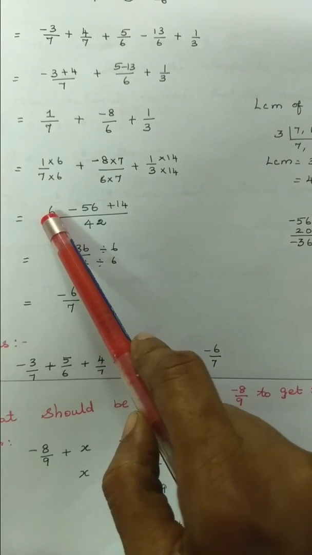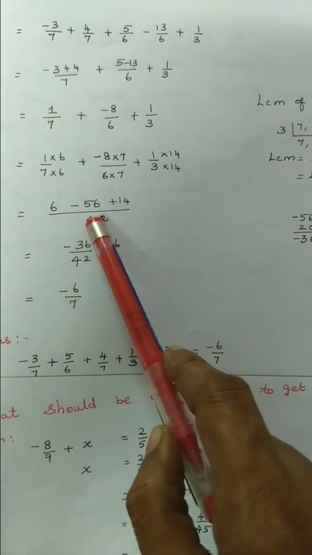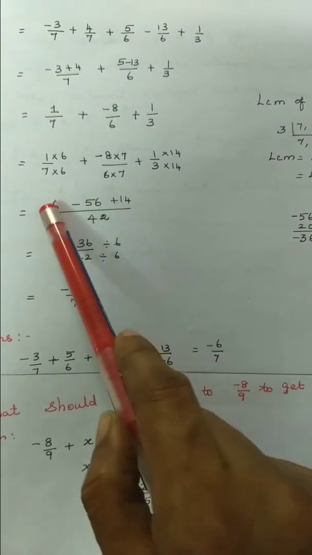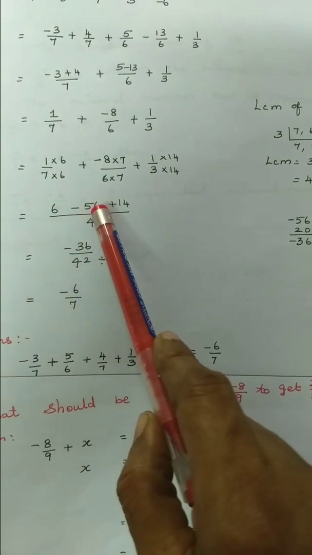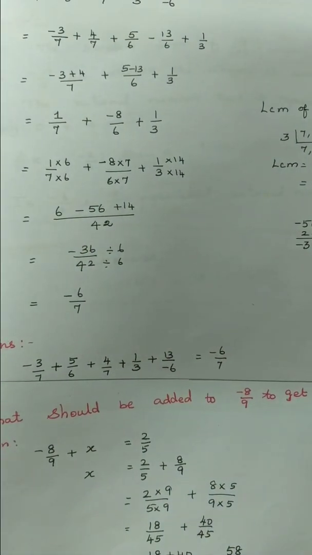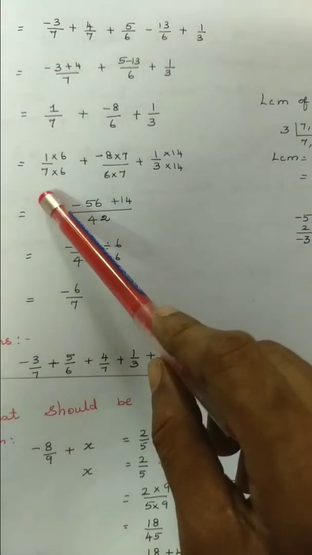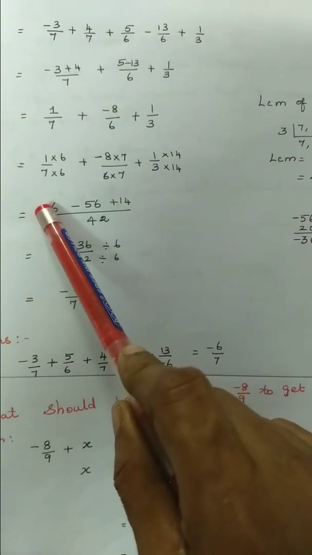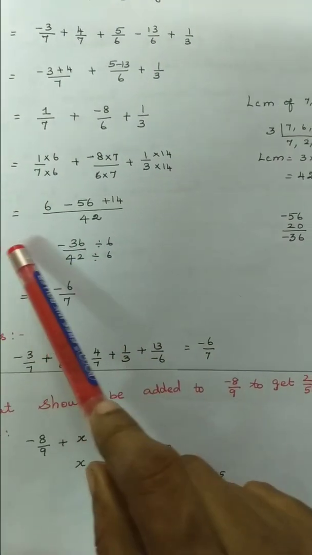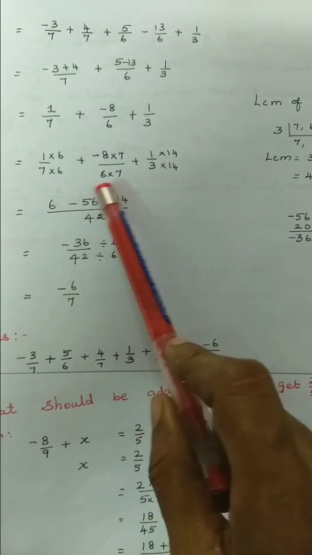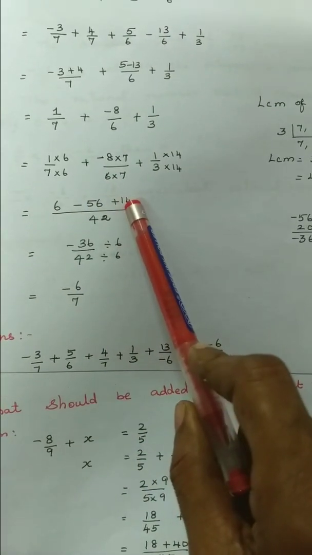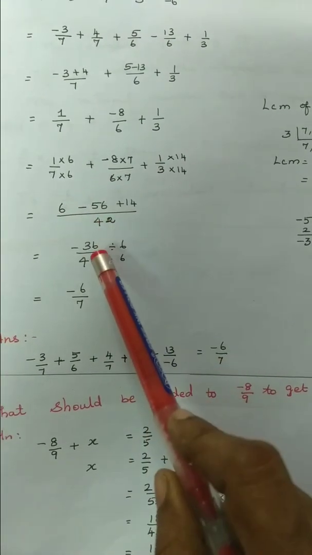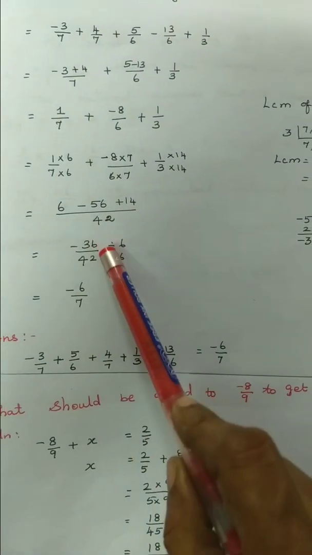Now make the denominator the same, 42, and 6 minus 56 plus 14. Now add these two: 14 plus 6, 20. You subtract from 56. That is minus 36.